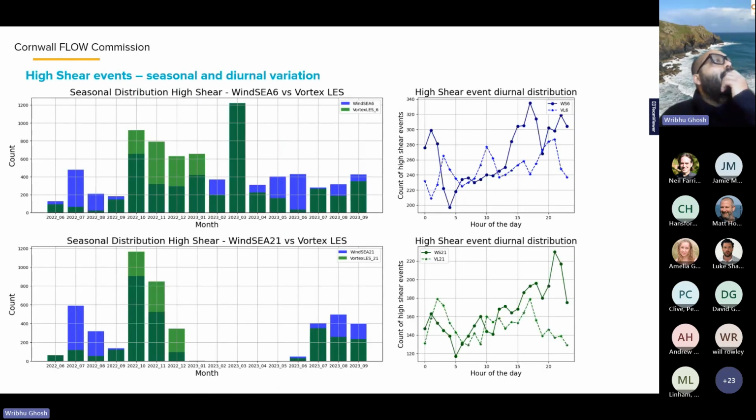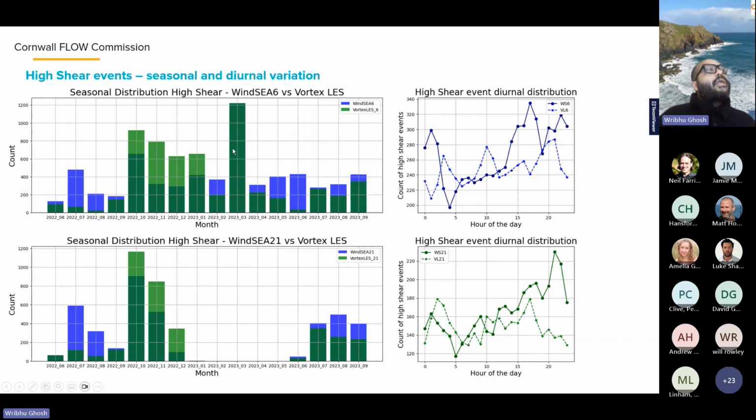This is the diurnal and seasonal variation. Because WinC6 is a more complete data set, but for months that we have data for both, they are consistent. We see the model is predicting higher shear events in summer, whereas the measured data shows higher shear events in autumn and winter.